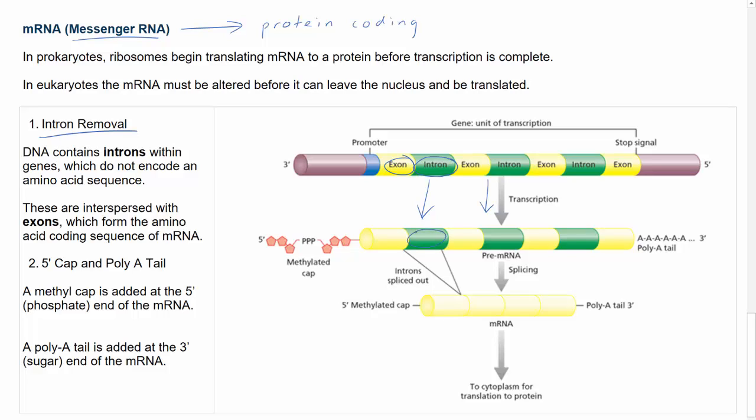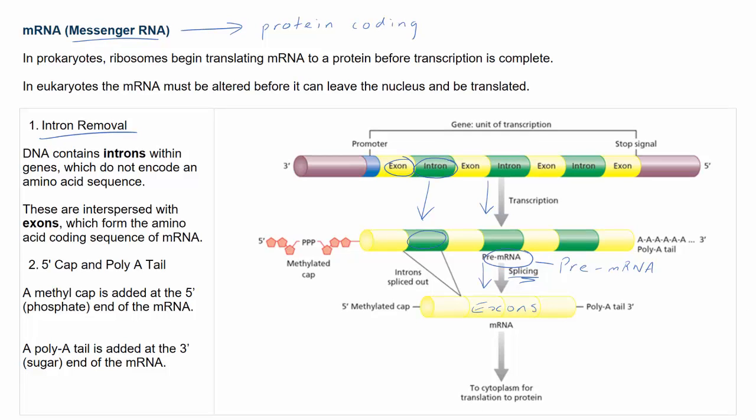And RNA that contains both exons and introns is referred to as pre-mRNA. In order for pre-mRNA to become mRNA, those introns need to be spliced out. You can see in this final mRNA molecule, it's yellow, meaning that it only contains exons.